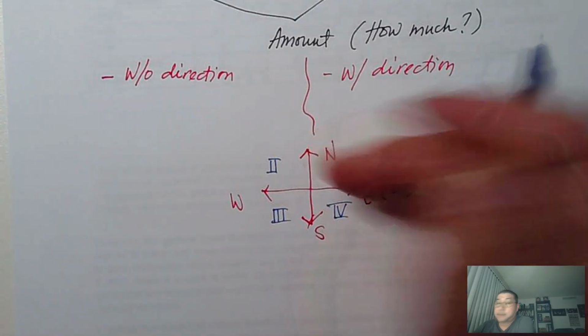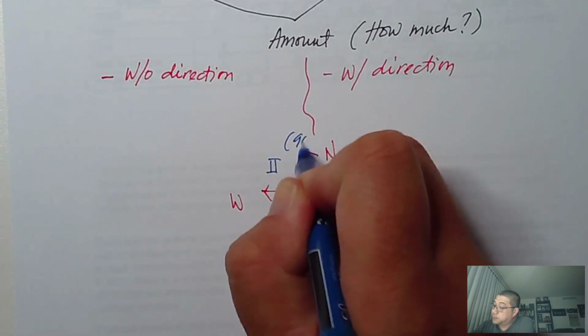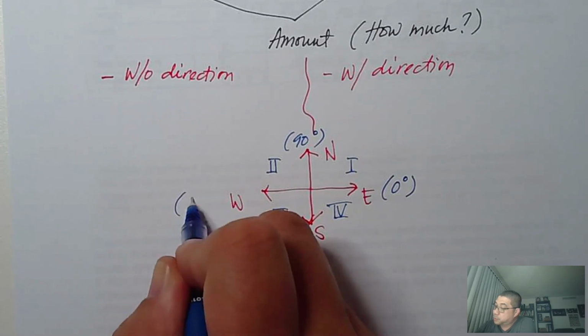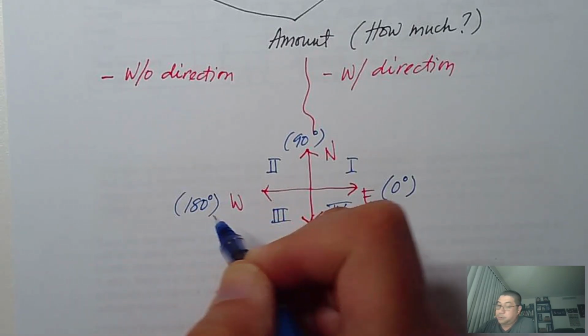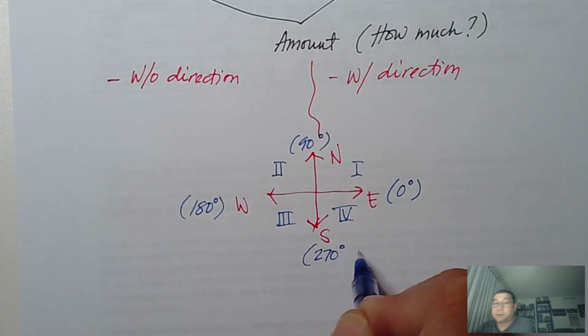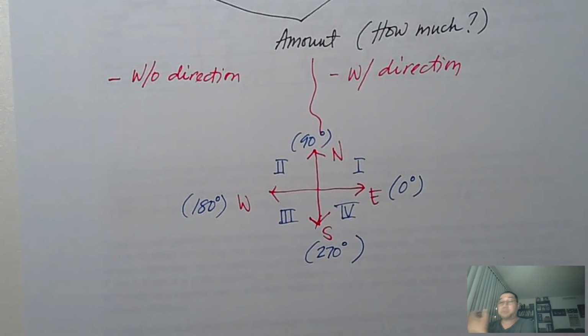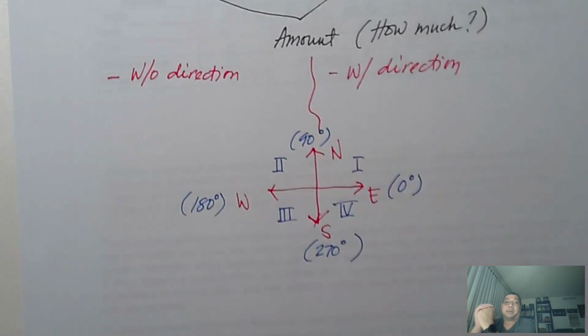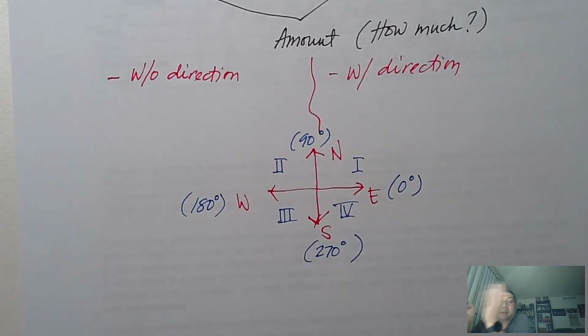Right here is 90 degrees. Right here on west is 180 degrees. And then the bottom part is 270 degrees. And then if it repeats the process, now it's 360 degrees. So it actually goes around in a circle at 360 degrees.